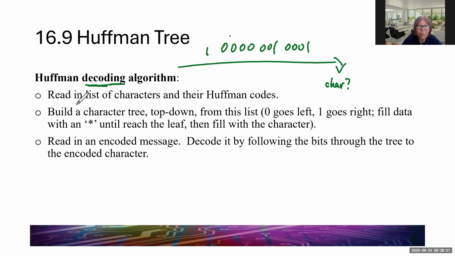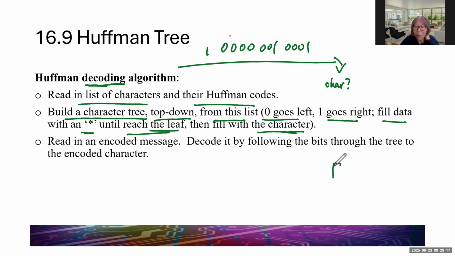So you're reading a list of characters and their Huffman codes. Same thing here, we first need to build the character tree. Building the character tree is top down. From the list, 0 is left, 1 is right, and you fill the nodes with an asterisk until the leaf node, which we fill with a character.